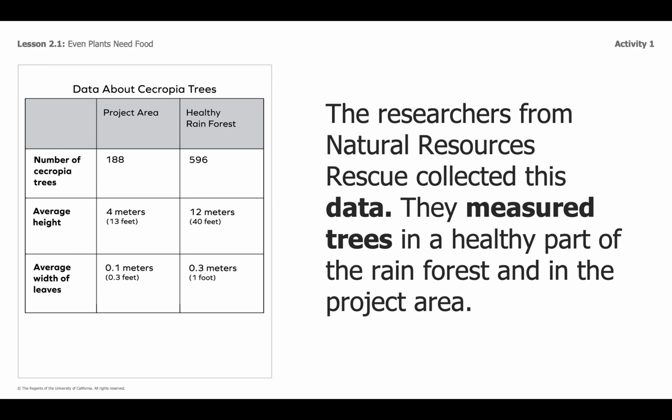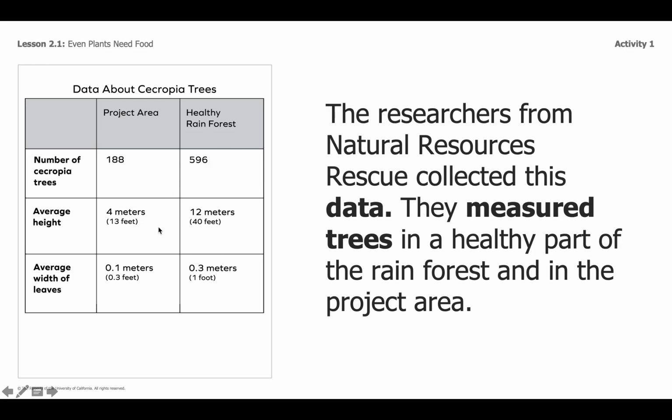So it looks like we're comparing the number of Cecropia trees, the average height, and the average width of the leaves of the plants. Already we see that in our project area, we have fewer Cecropia trees than we would normally have in a healthy rainforest.